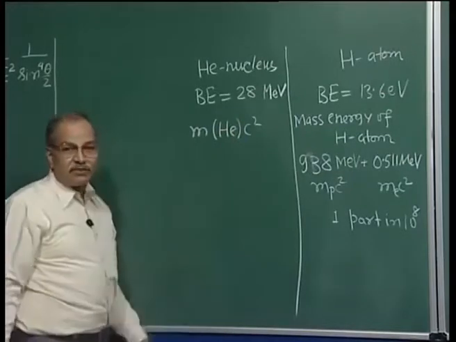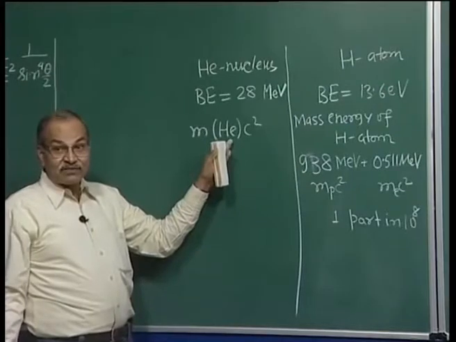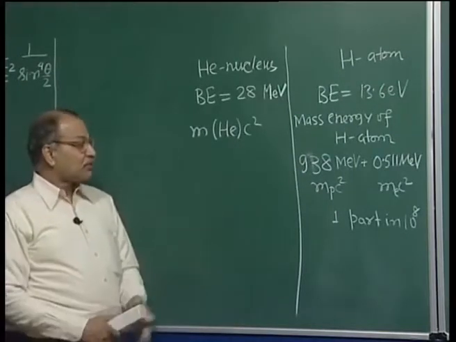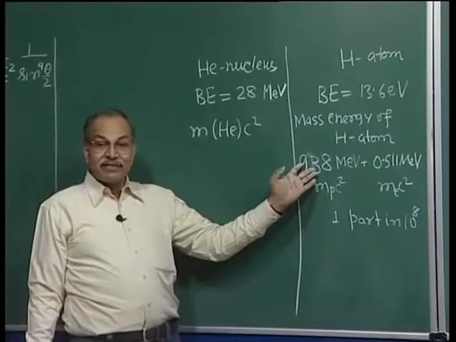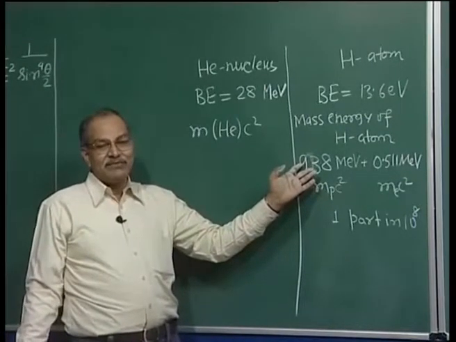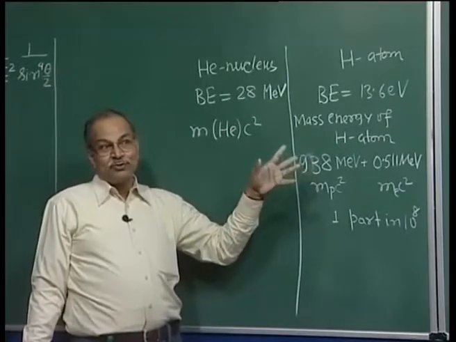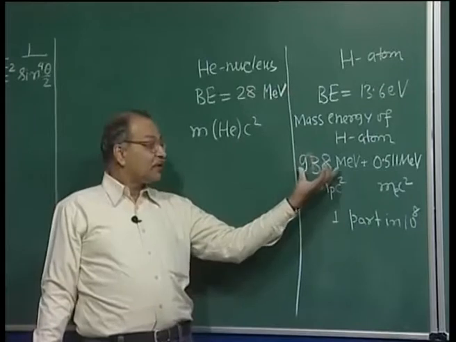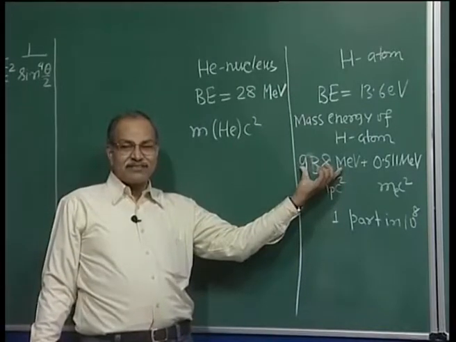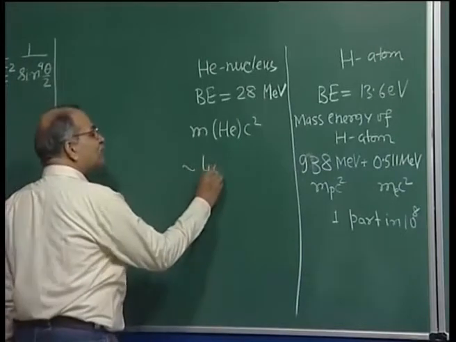nucleus, you have 2 protons and 2 neutrons. Each proton is 938 MeV, each neutron is slightly heavier, something like 939 MeV. So, 4 of them. Roughly it is coming close to 4000 MeV, 938 and 4 of them.